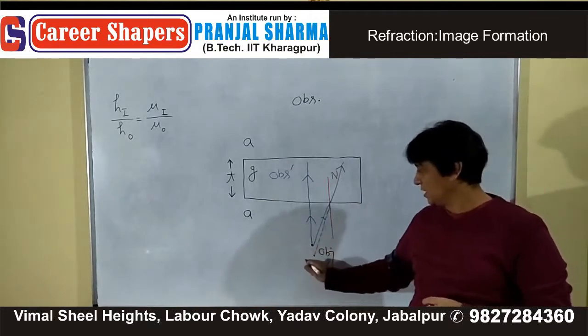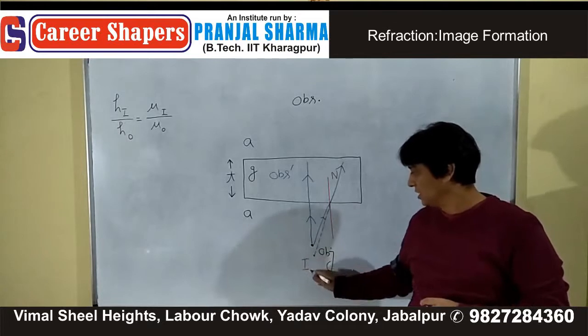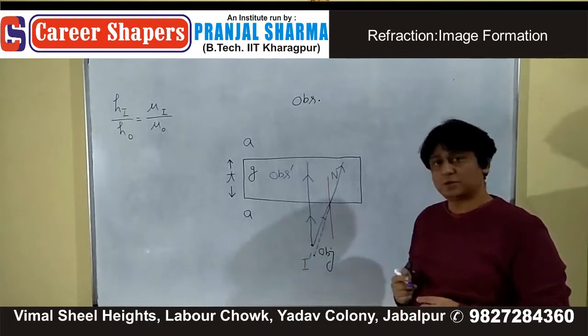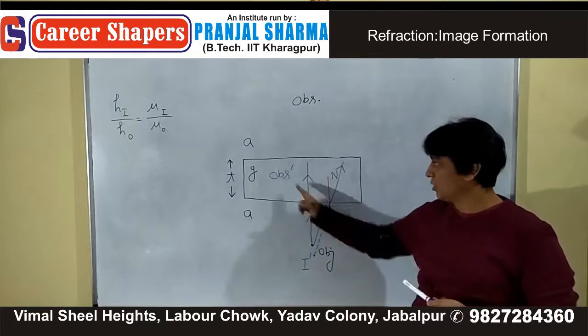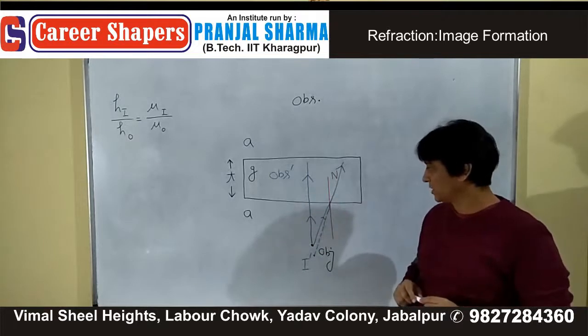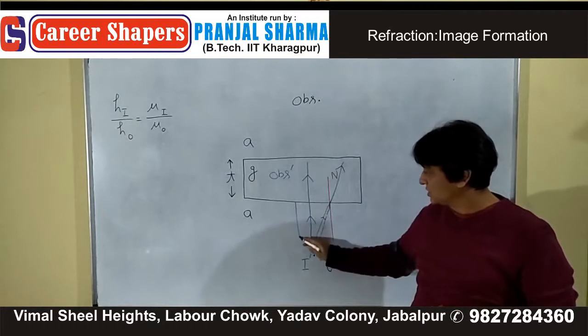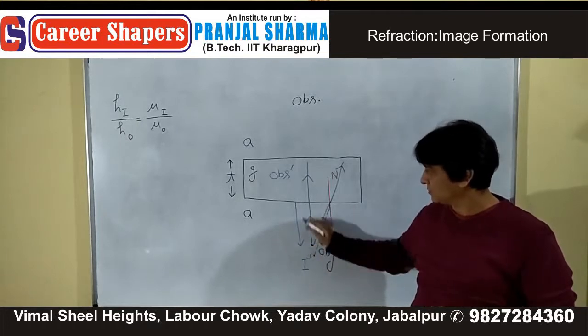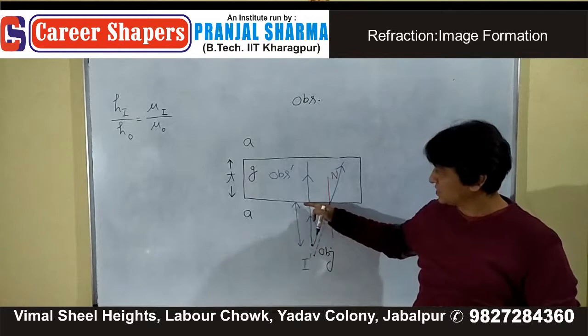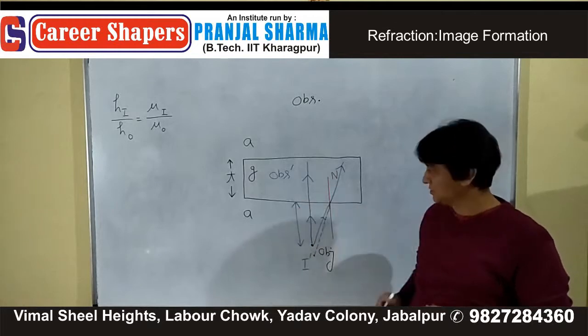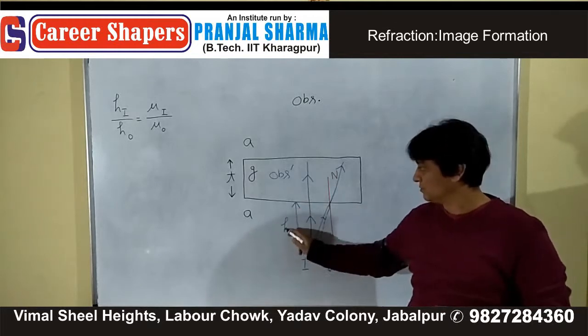This is the image. Let's call it I dash as it is seen by observer dash. Suppose this height or distance from this interface of air to glass is h. Let's call it h.